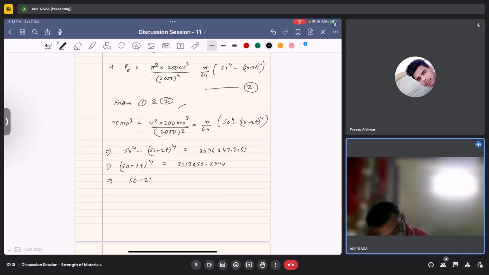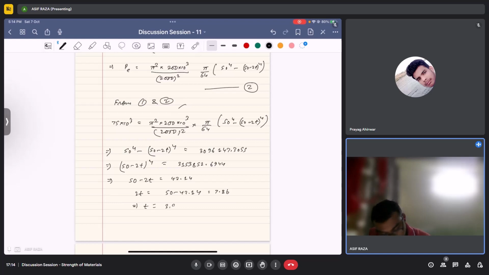Again, it can be written down as 42.14. Thus 2t would be 50 minus 42.14, and the thickness will come out to be 7.86 divided by 2.